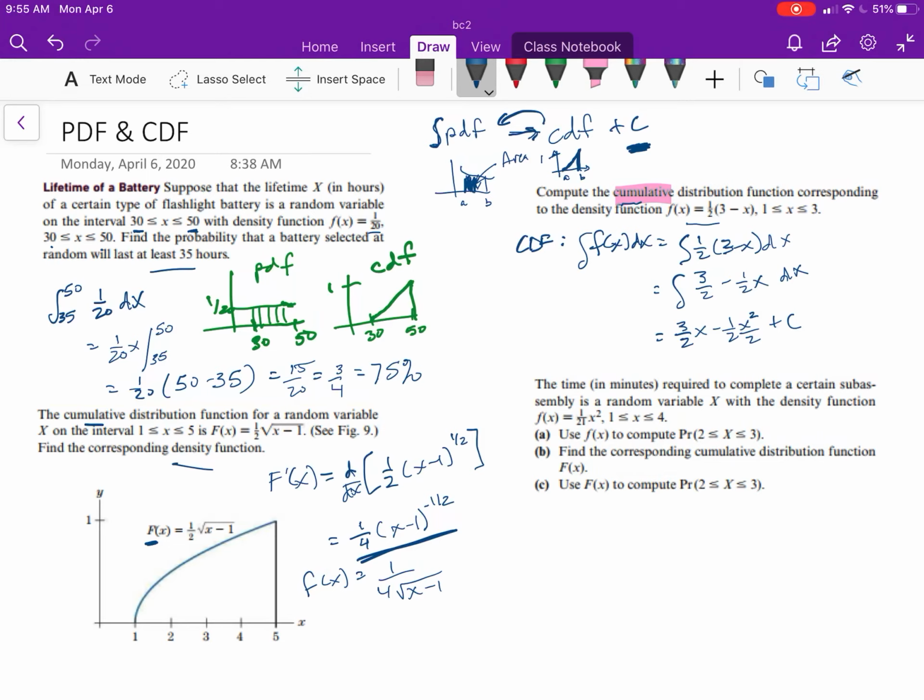So how do we get that? Well, if we're talking a cumulative distribution, then this very left endpoint should be 0. If I substitute this in for x, I should get 0. Why? Because let's look at the previous question, the graph.